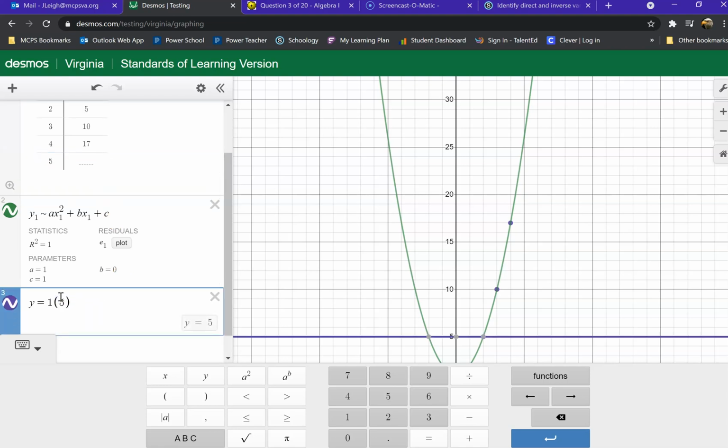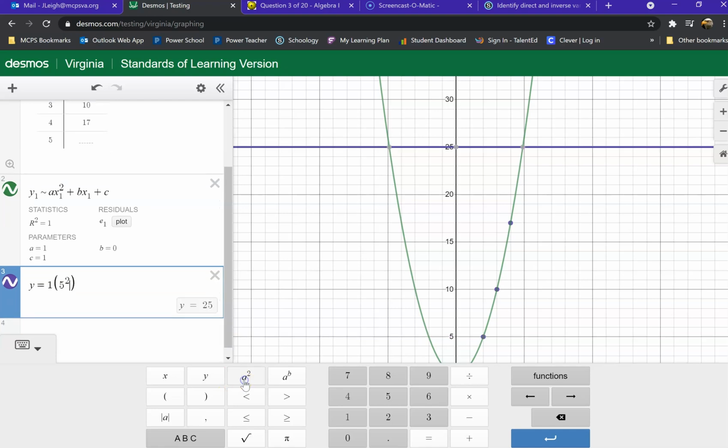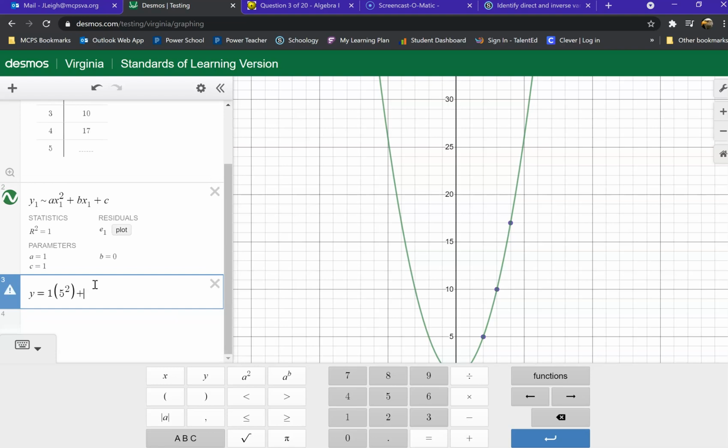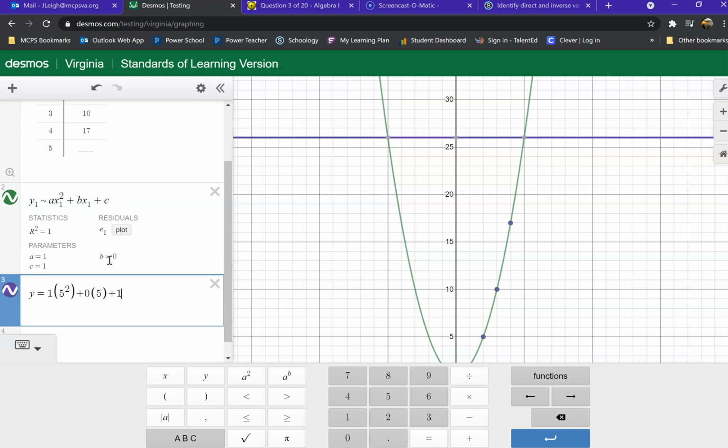So 5 squared is going to go there, plus b is 0. 0 times anything is 0. But just for consistency's sake, I'll put the x in here because it's 5 again. And then c is 1. So when x is equal to 5, y is equal to 26.